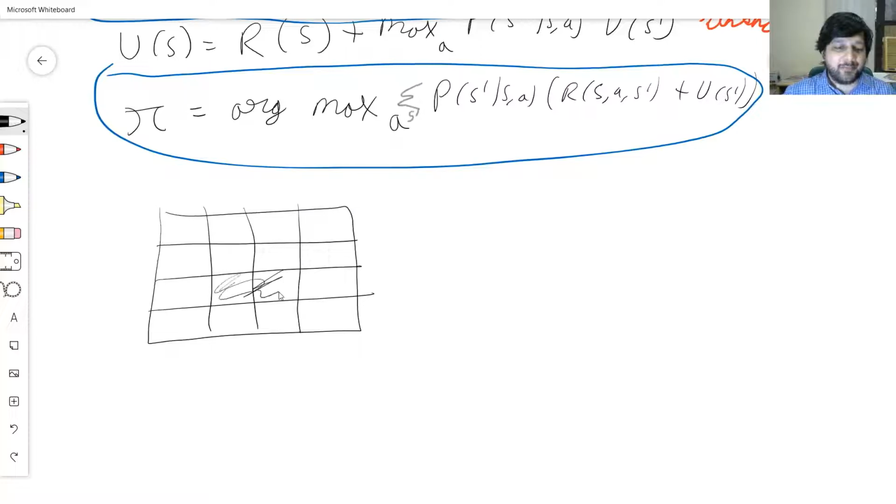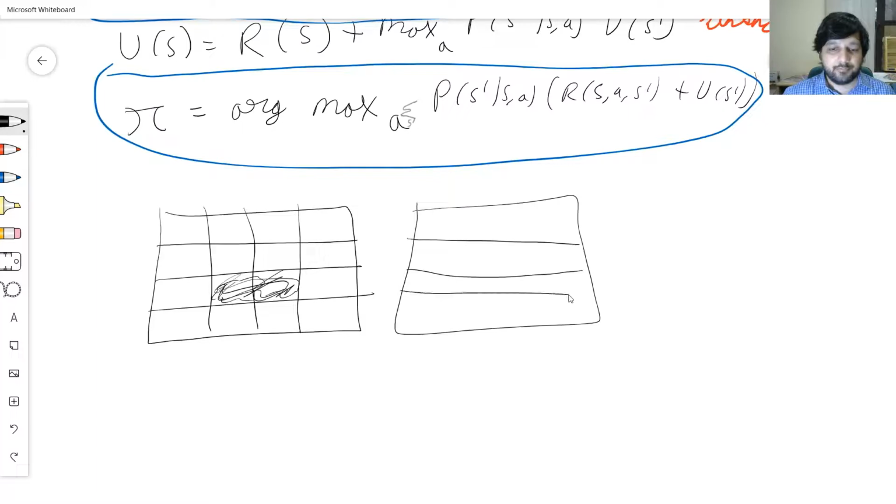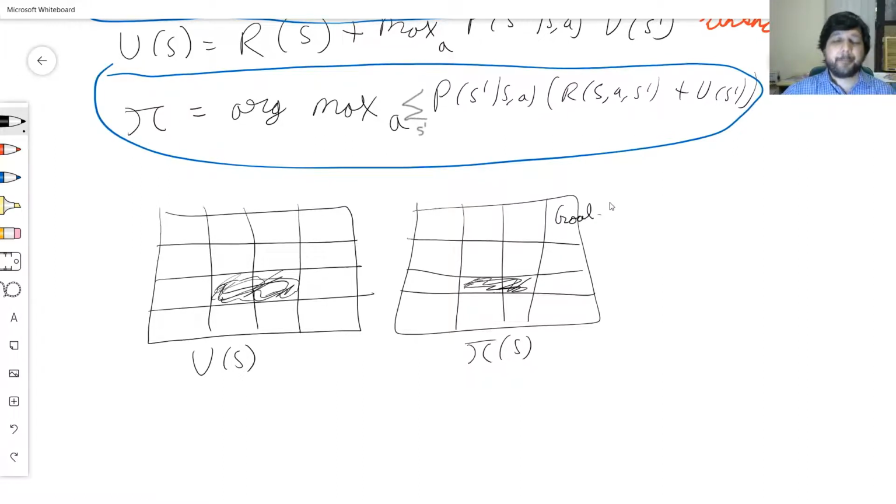And some of them are obstacles. So it's exactly the same map and some of them are obstacles. So this is what I say is utility of S, and this is what I say is the policy of S, and this is what is the goal.